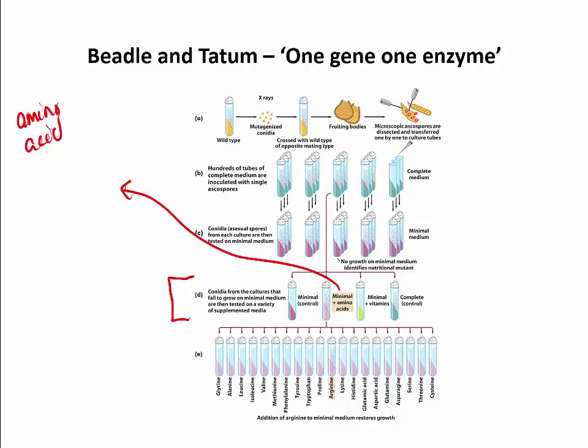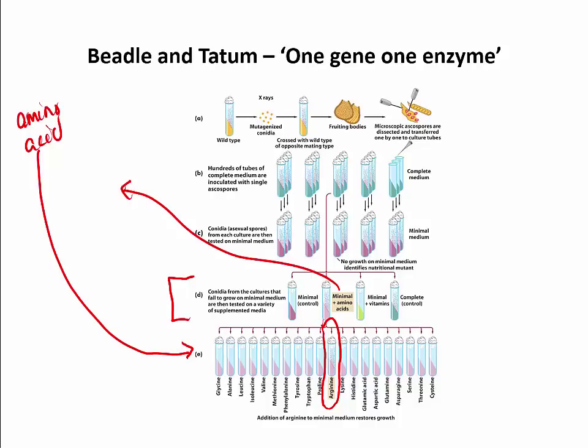And then what they did was they ran 20 different vials on the next set of experiments. And so each one of these vials here down in E is minimal media with one amino acid brought back. And so for this particular example, what you can see is none of this particular mutant strain survives except when they give it arginine. And they ran this exact same type of analysis on hundreds and hundreds of different mutants.